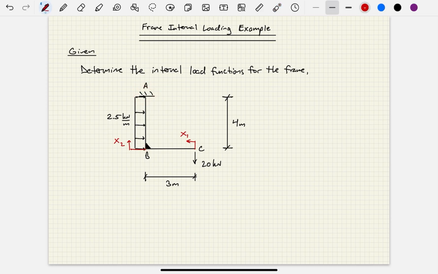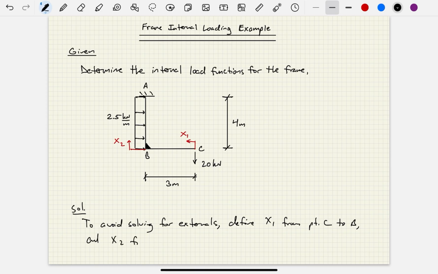So under solution, we'll make a note of that: to avoid solving for externals, we're going to define x1 from point C to B and x2 from point B to A.